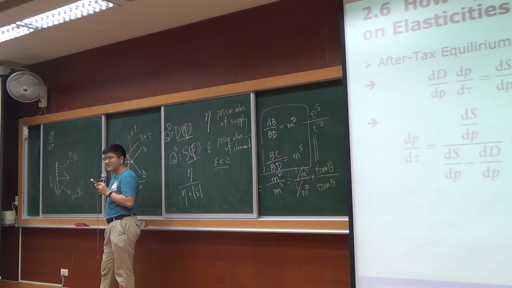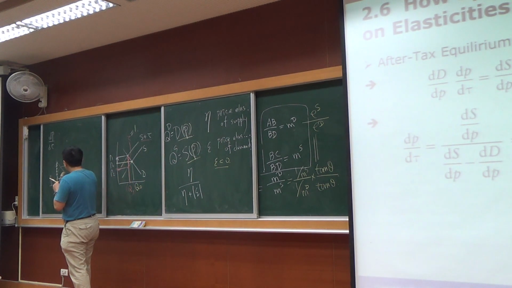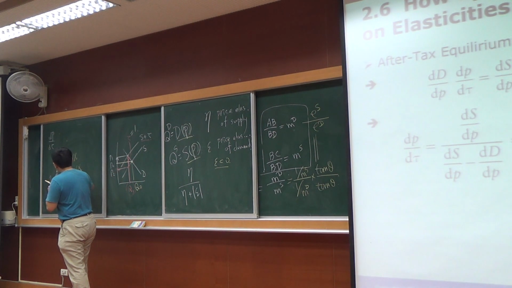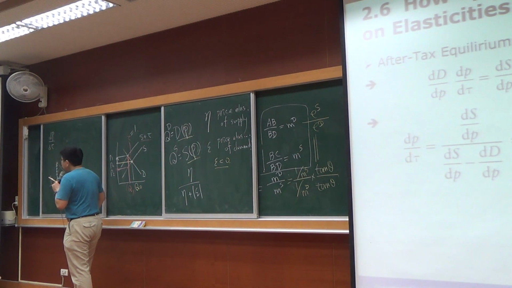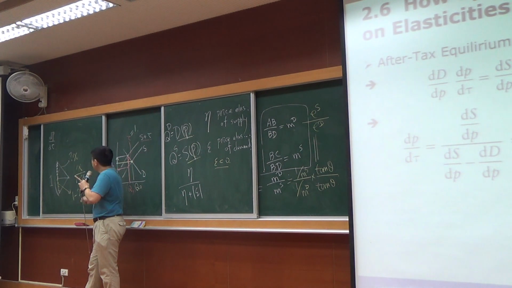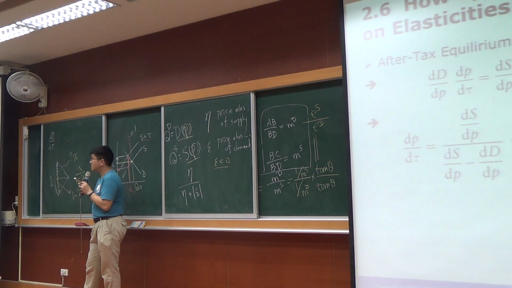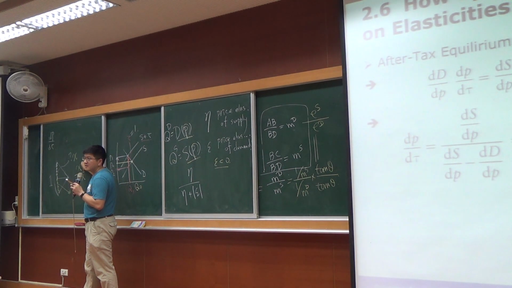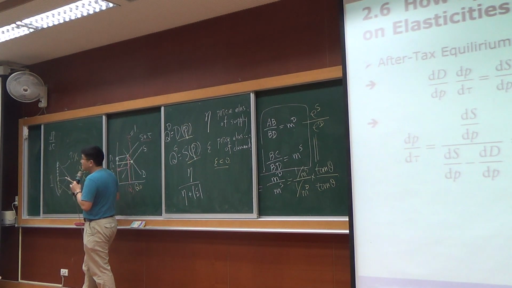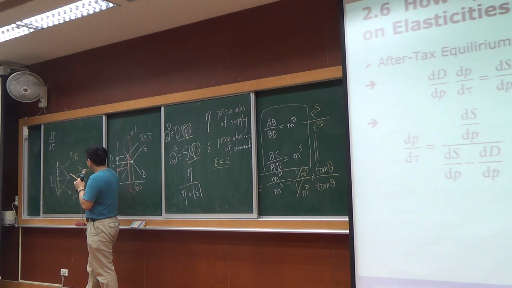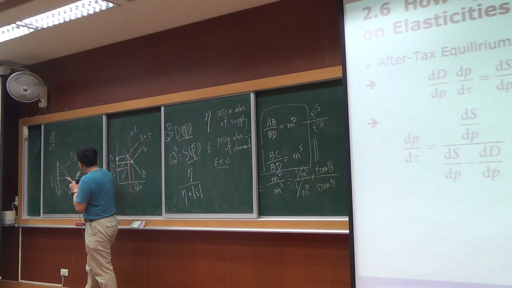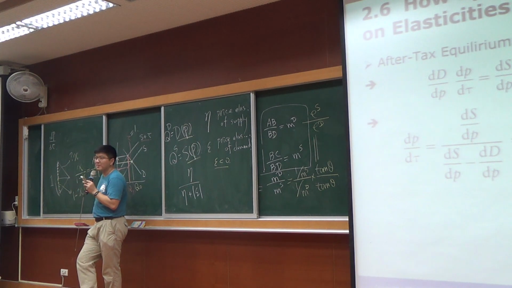So you remember, this is the share of the tax borne by the consumer, and this is the proportion shared by the seller, right? So the proportion by consumer and the proportion by seller equal the ratio of what? The elasticity of demand, which is epsilon, and the elasticity of supply.